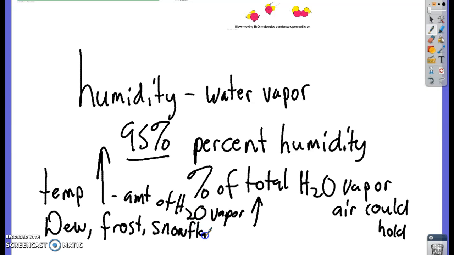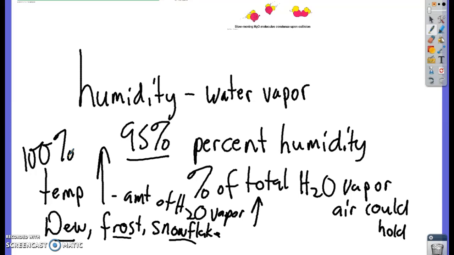This is when water vapor changes directly into a liquid, or in the case of frost or snowflakes, back into a solid, and that occurs when the humidity is 100%. Notice during a rain, on the other hand, the humidity may not be 100%. It's usually going to be pretty high during a rainstorm, but it may be less than 100%. 100% means that dew is forming on things.